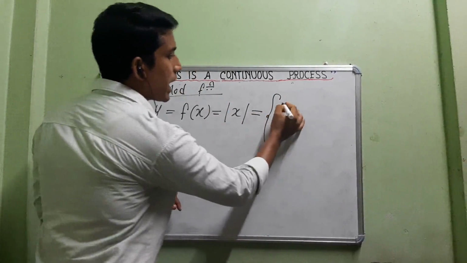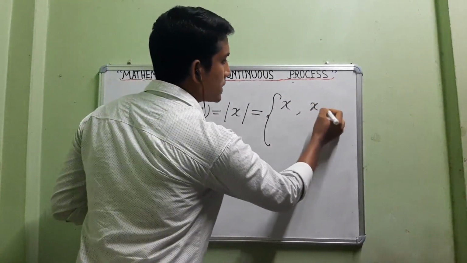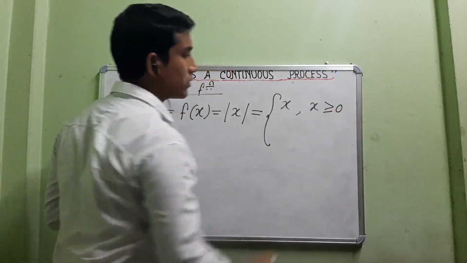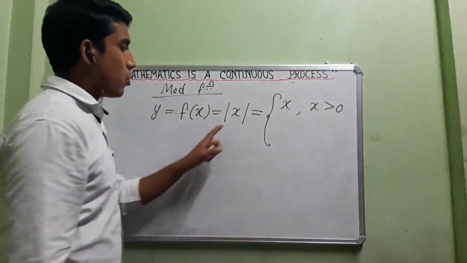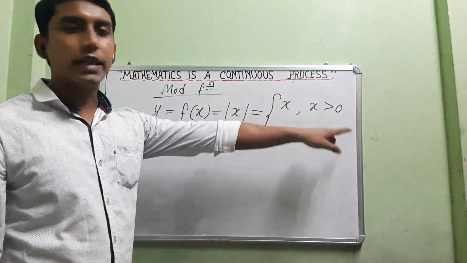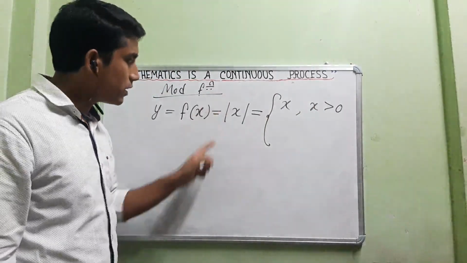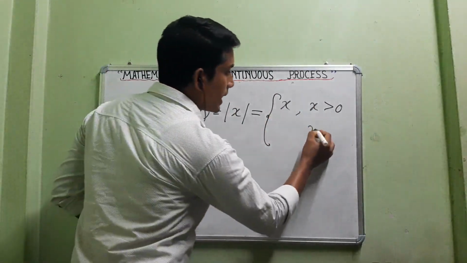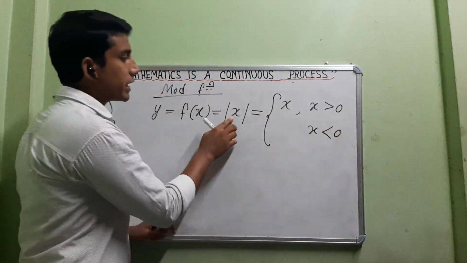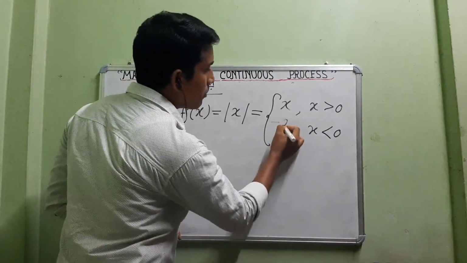Mod x will be x if x is greater than 0 (or let me write greater than or equal to 0). That means if you are taking positive values, then if you take modulus, that one will remain the same. If x is less than 0, that means if you are taking some negative values in place of x, then it will be minus x.